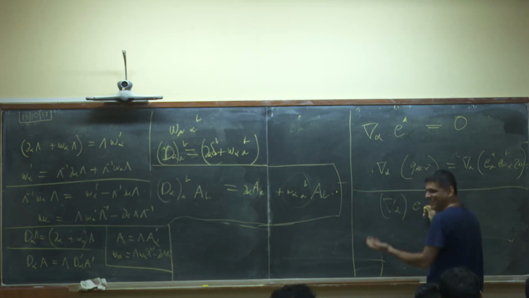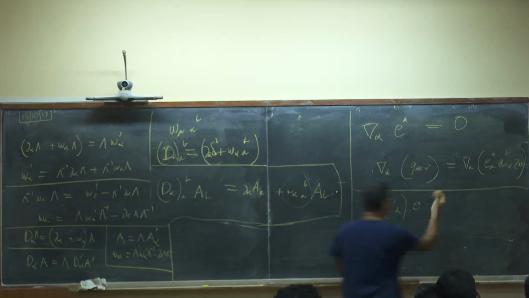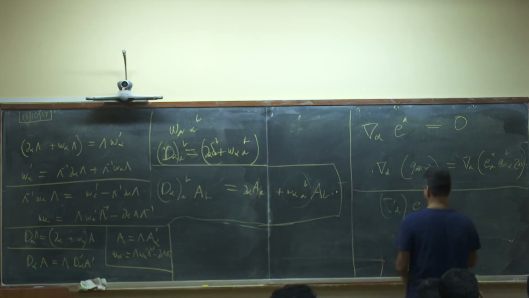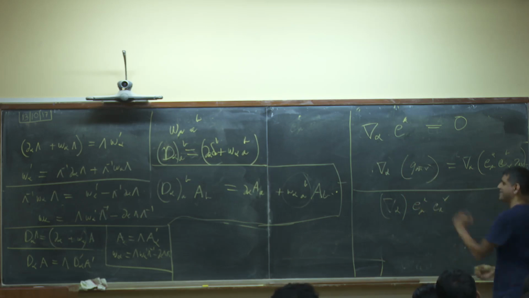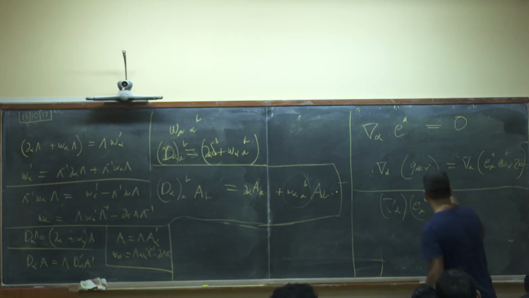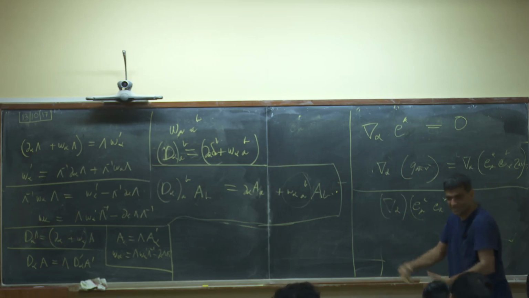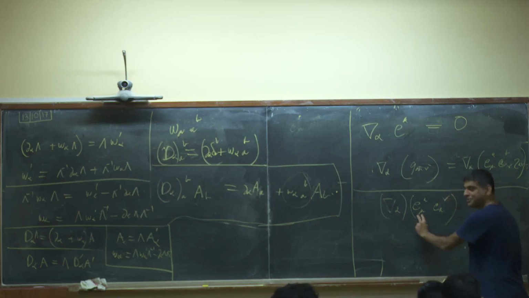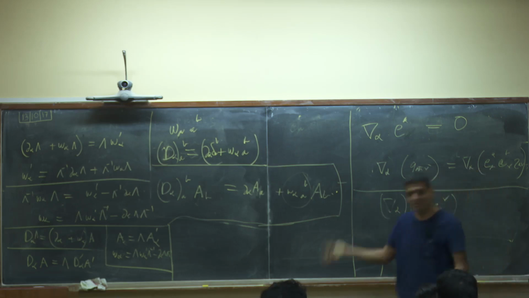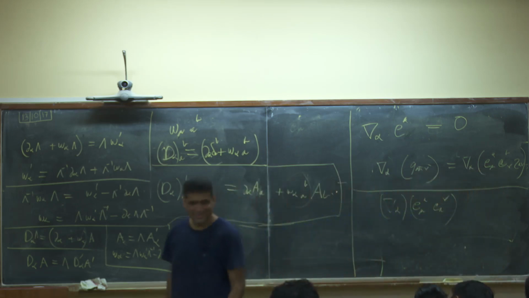Suppose I take this object, for instance, E mu A E A nu, and I write that its covariant derivative is 0. So it's a product of two covariant derivatives, because covariant derivatives always act by the Leibniz rule. One of them is 0, so the other one is also, because some matrix times the other one is 0, but that matrix is an invertible matrix, and therefore the other one is 0.